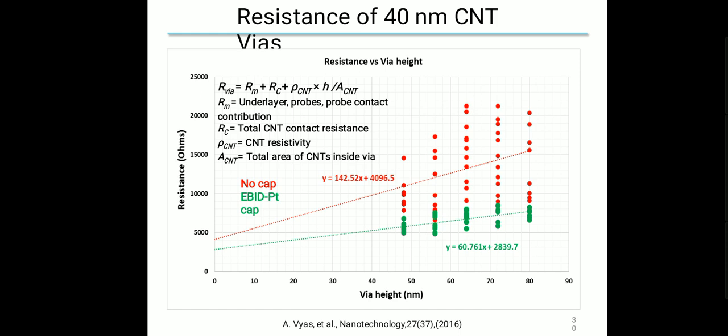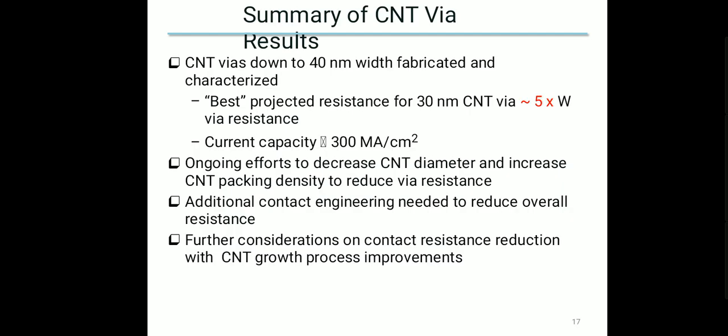Here resistance is measured in ohms and width is measured in nanometers, which means very small. We can see the rapid growth in the graph, with no cap and a bit PT cap, and y is equal to 142.52x plus 4096.5. We got the value in the previous slide.